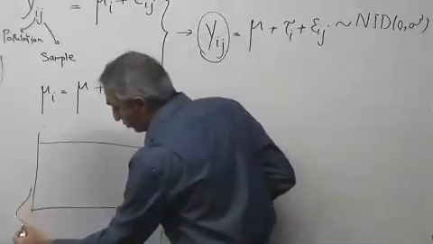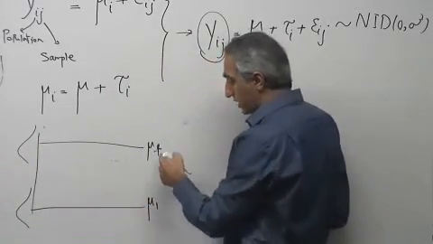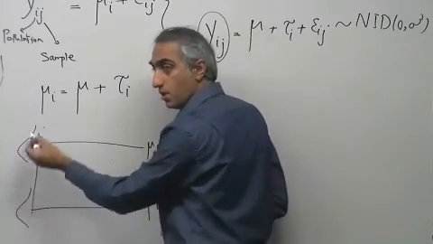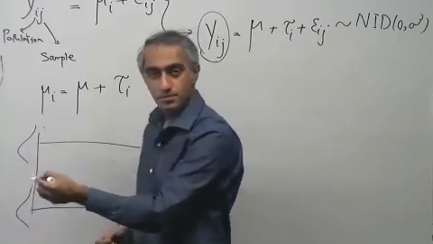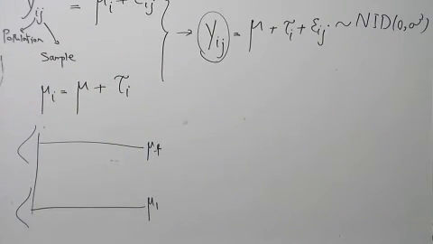So there is one normal population here, one normal population here. Their means are different, but we assume their variances are the same. Do you remember we had this assumption before for the 2 population t-test? That's basically the generalization of that assumption. So we have more than 2 populations, but we assume the variances are equal.